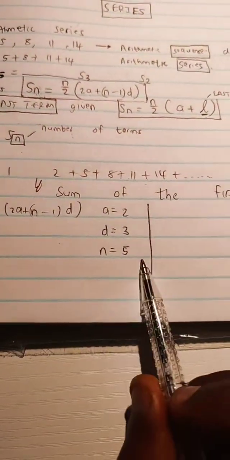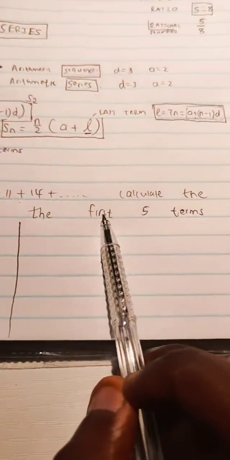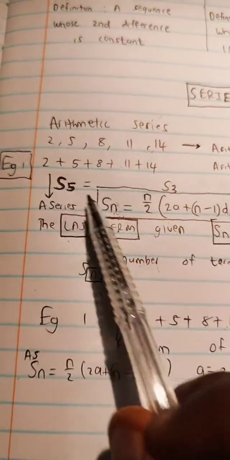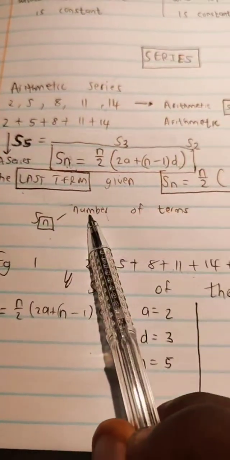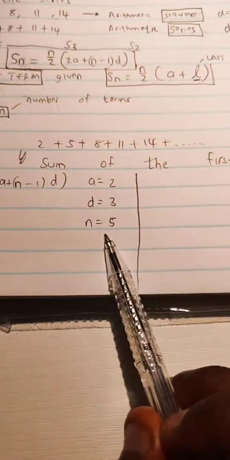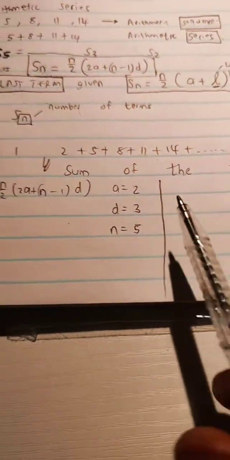The sum of the first 5 terms. That means our n is going to be 5, because we want the sum of the first n terms. Remember, I said to you that the n here specifically talks about the number of terms. So we want the sum of the first 5 terms.